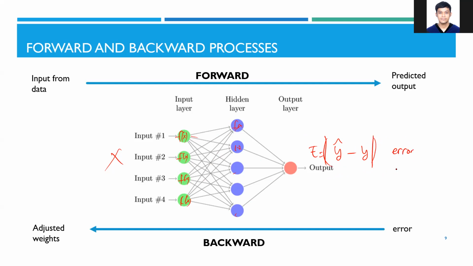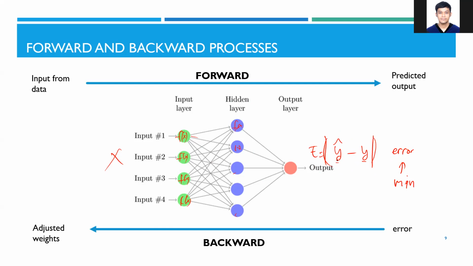So what we want to do here is minimize the error. It means that our predictions are very close to the real value. The main objective of the neural network is to predict the output so that it has a very small error, which is the difference between the real output and the predicted output.